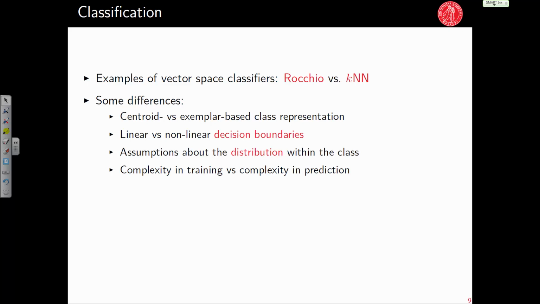Rocchio makes assumptions about the distribution of the classes. If you expect Rocchio to work properly, these assumptions should be met, such as the classes being distributed in a spherical shape, the different classes having more or less the same size, and they can't be disjoint or have different regions in the space.